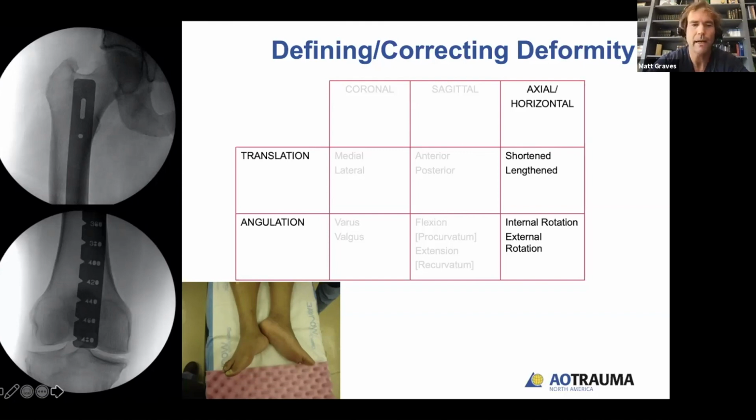So we have greatly simplified this case using things that we do on a day-to-day basis by using a surrogate of intramedullary nailing of a comminuted fracture.